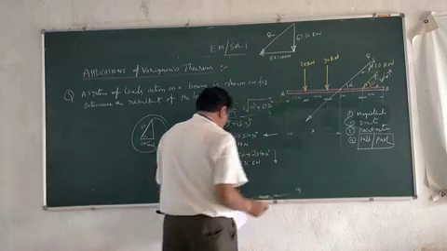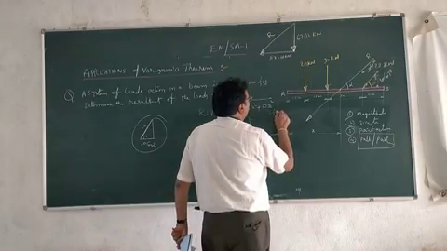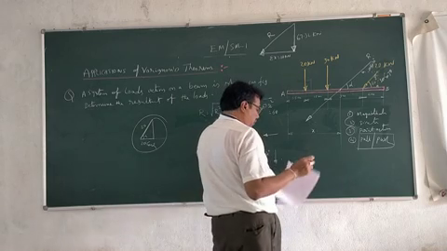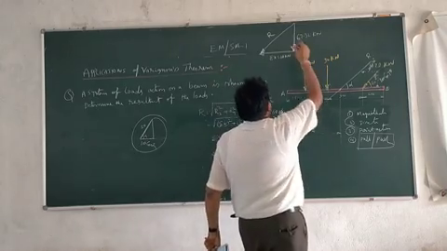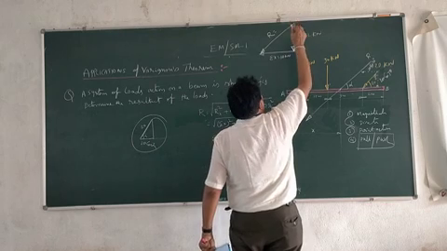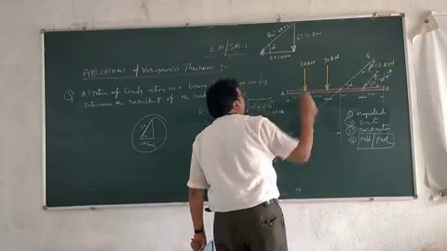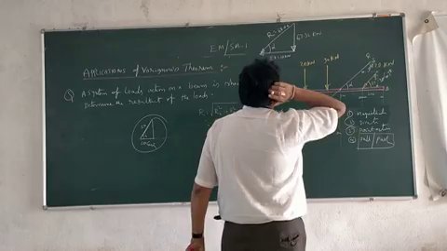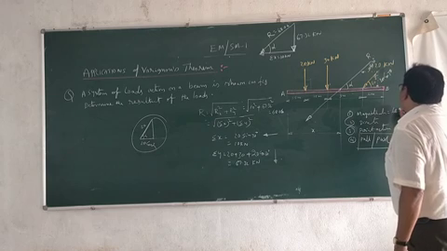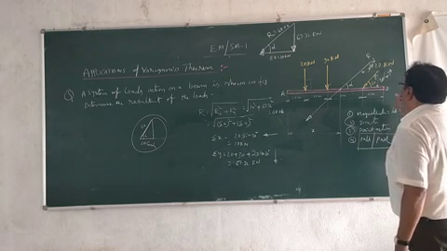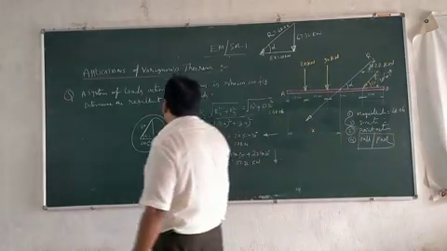This value is 68.06 kilonewton. We know the magnitude is over; we have determined the magnitude, 68.06 kilonewton.